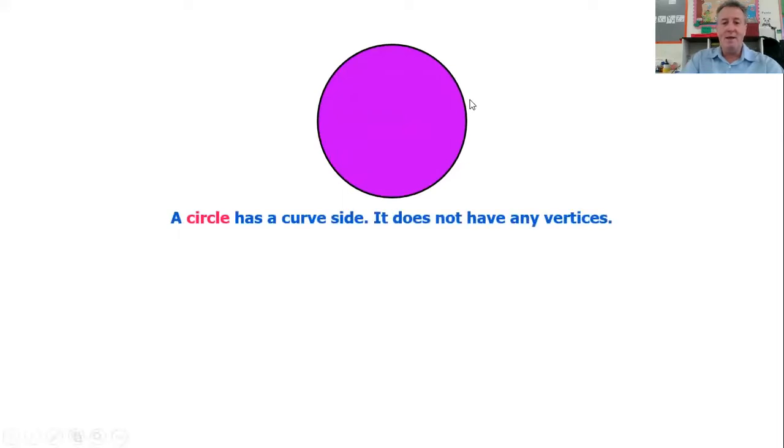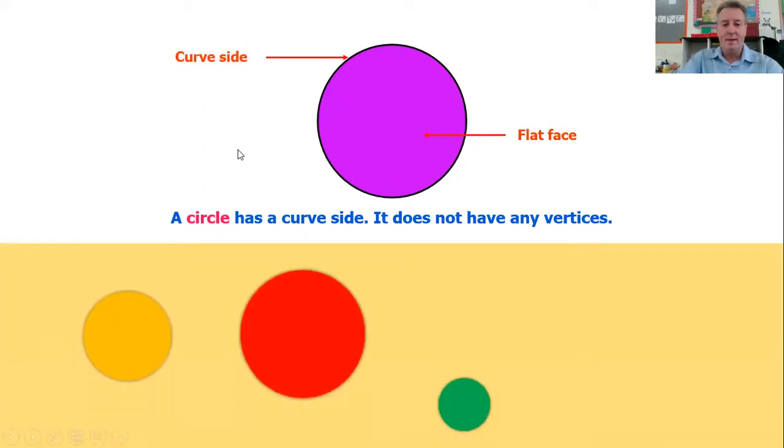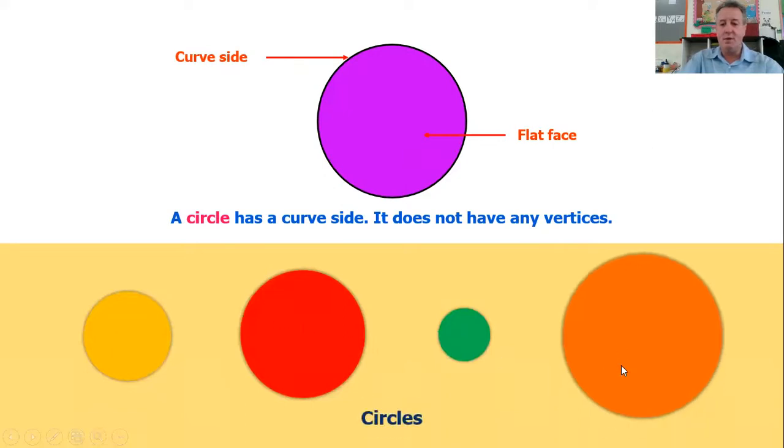Now we have a circle. It has one curved side and no corners, but it still has a flat face. A flat face and a curved side. There are our different circles: orange circle, green, red, yellow, and what color is this one?